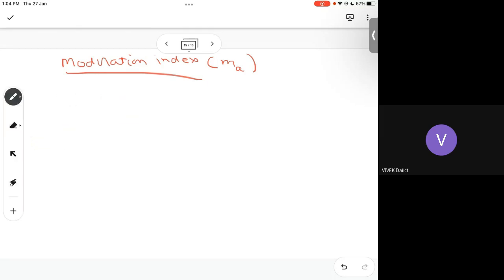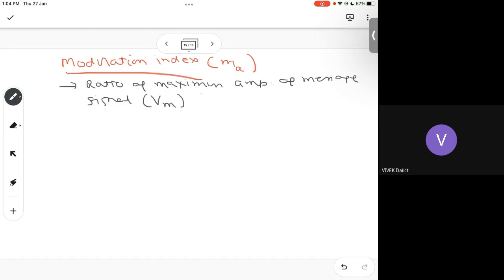It is your ratio of, and this is very important to understand, why this modulation index, the maximum amplitude of the message signal, which I said is already a low frequency signal and denoted as VM, and it's got a good number of significance.